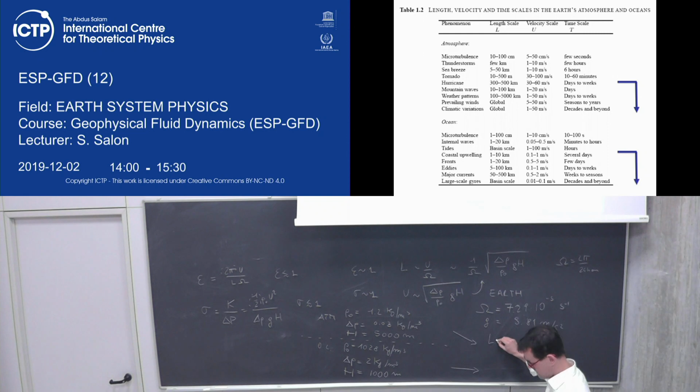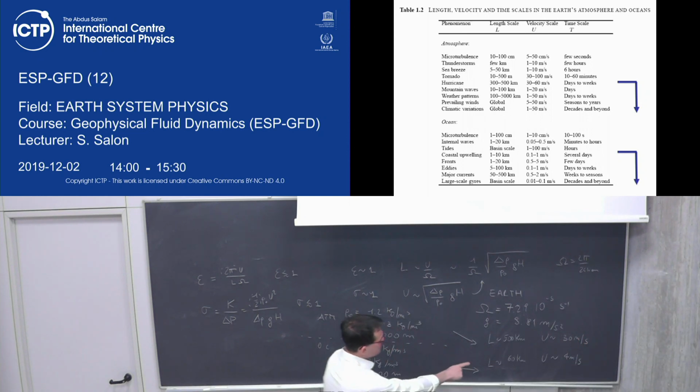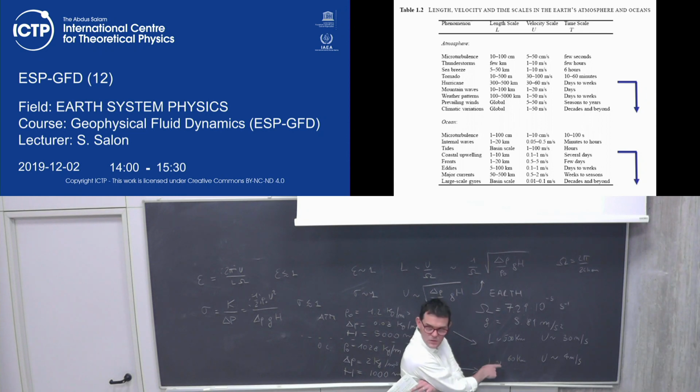So this will be, for the atmosphere, about 500 kilometers with a velocity of 30 meters per second. For the ocean, we will have 60 kilometers and a velocity of 4 meters per second. So we have roughly one order of magnitude of difference.